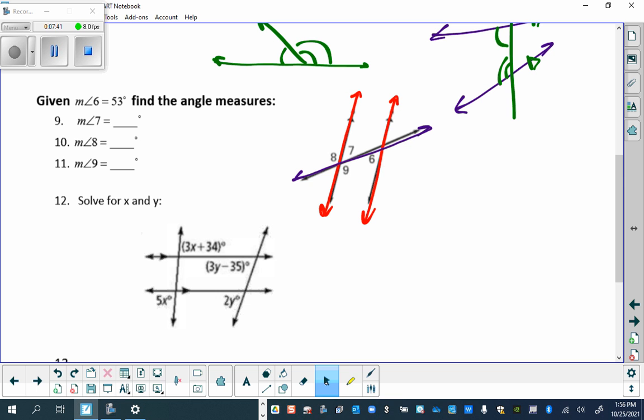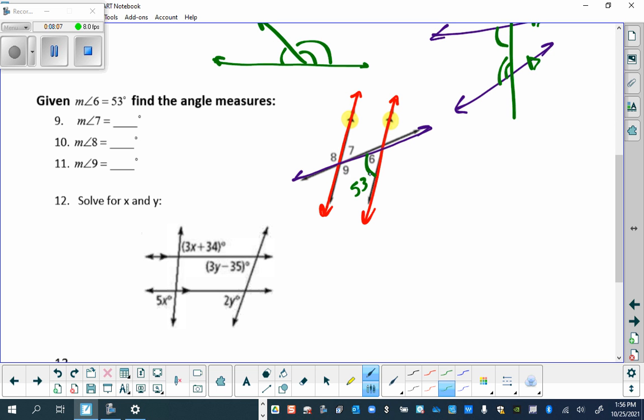Because if I'm told that these lines are parallel, and these little triangles here guarantee that's true, once somebody tells me that angle 6 is 53 degrees, then I know that every other skinny angle is also 53 degrees.